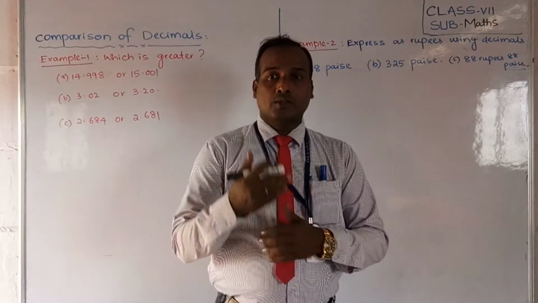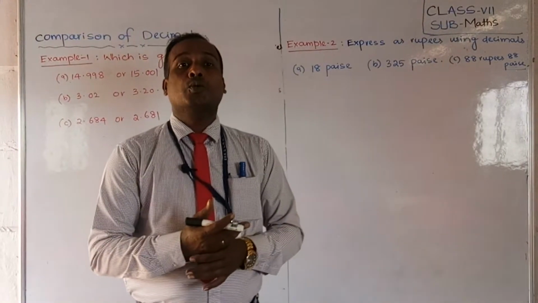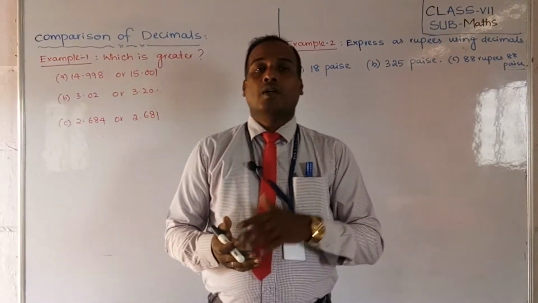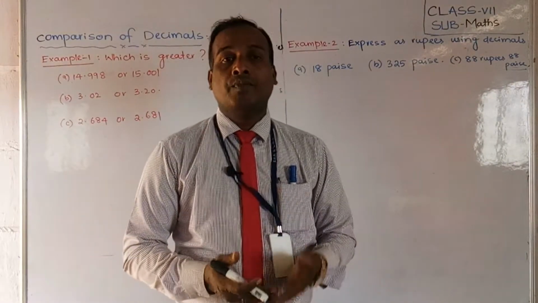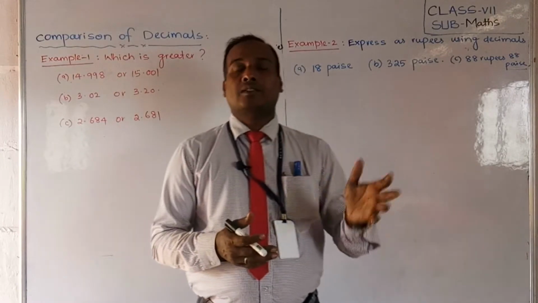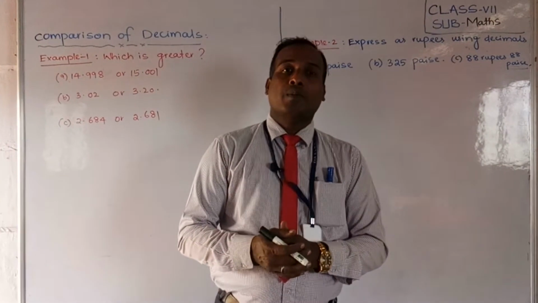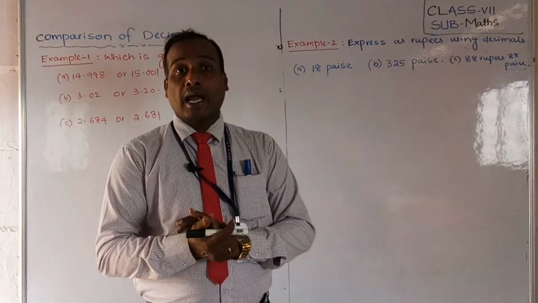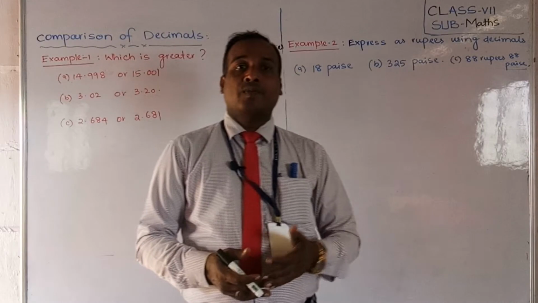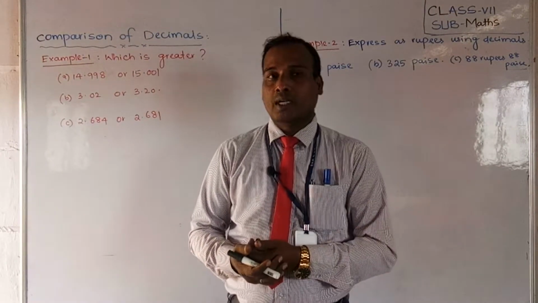Today we are going to discuss the comparison of two decimals, which one is greater and which one is smaller, just as you did with fractions. That means comparison of decimals. And also today we are going to discuss how to express rupees in terms of decimals.